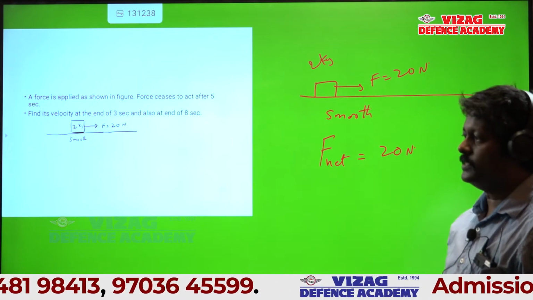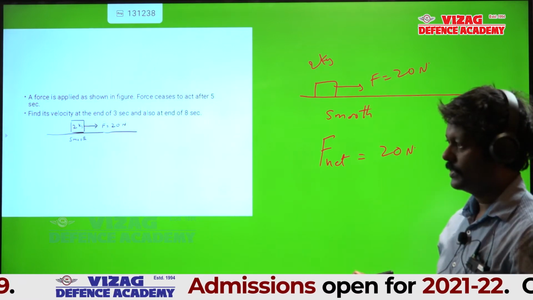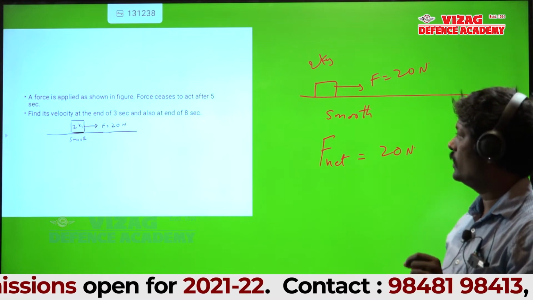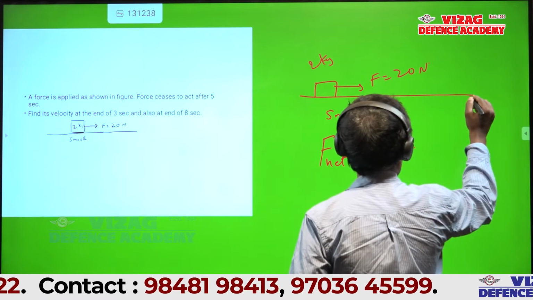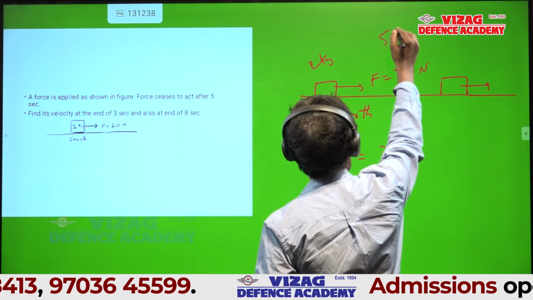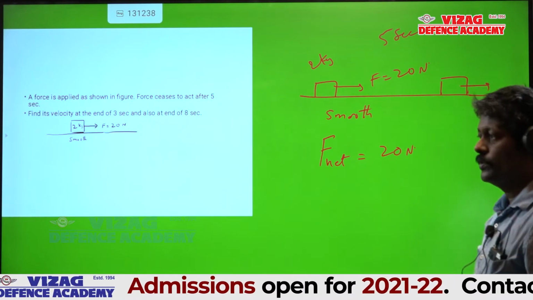After 5 seconds, there is no force. The body accelerates only for 5 seconds, and its velocity keeps on increasing for 5 seconds. At the end of 5 seconds, there is no force.